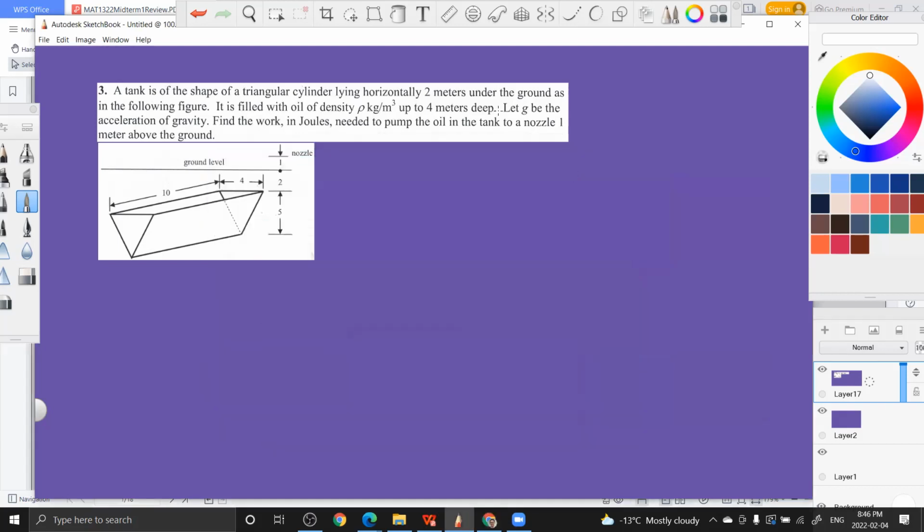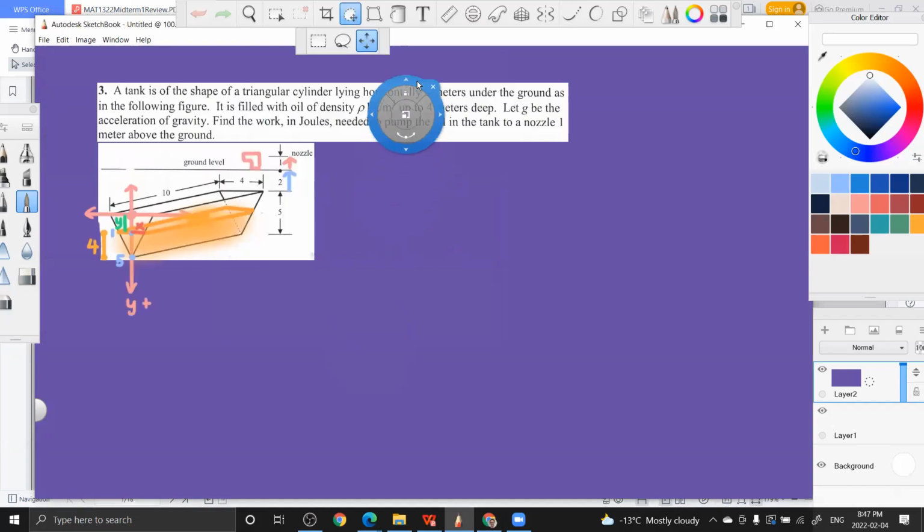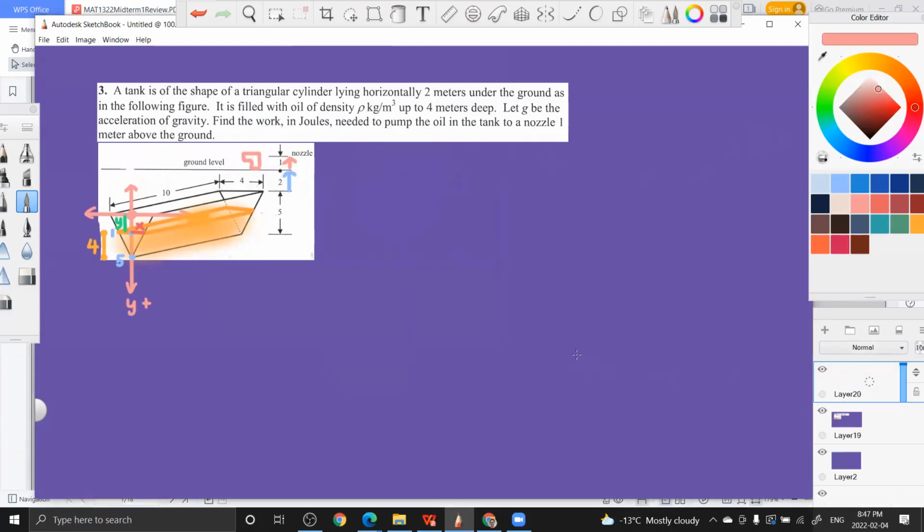Okay, so let's solve it. In order to find work, you just use this formula.